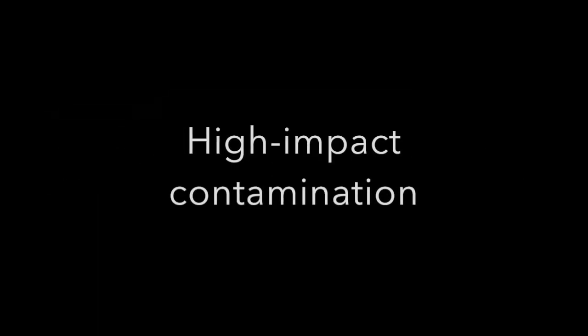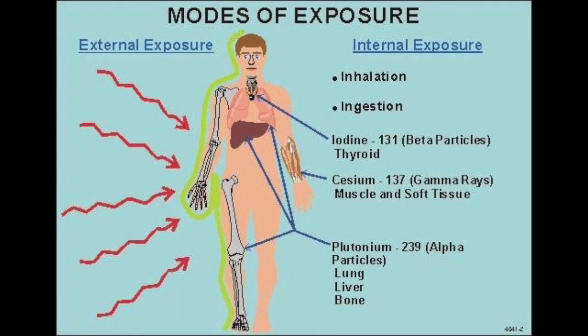High-impact contamination usually follows a major accident exposing harsh radioactive materials to the environment as well as the populations within the region. Health effects of the contamination can lead to external irradiation, which is exposure to radiation outside of the human body. The damage varies based on the duration and strength of the radiation. Internal irradiation happens when one ingests radioactive material by consuming foods or drinks, or it being airborne.